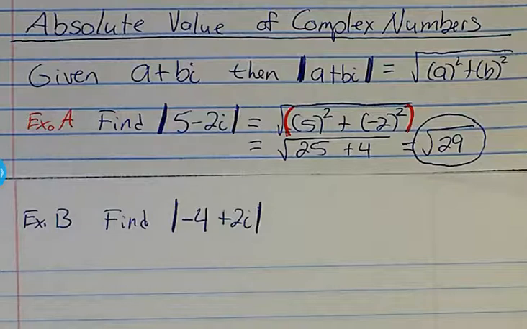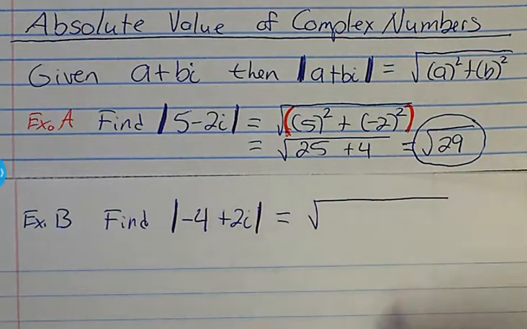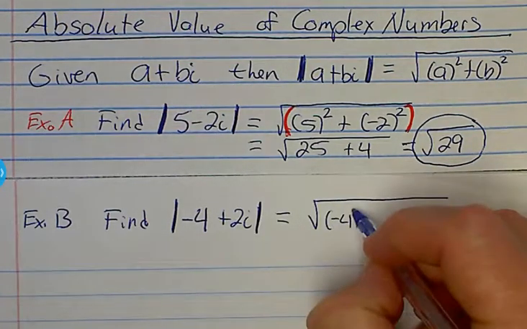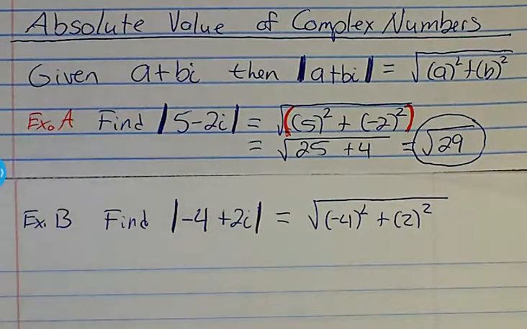Okay, so for this one, next one let's do negative 4 plus 2i. So it's the square root of negative 4 squared plus 2 squared.